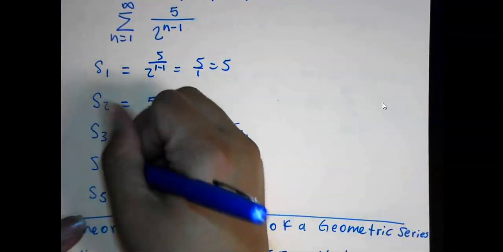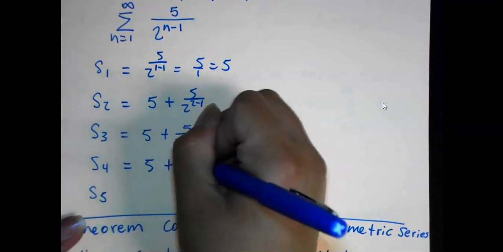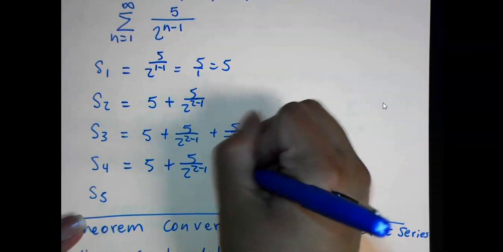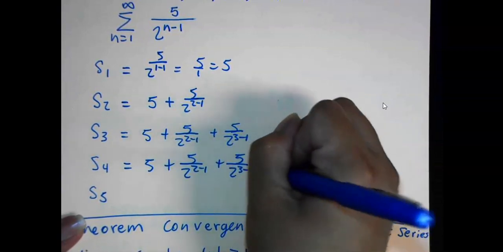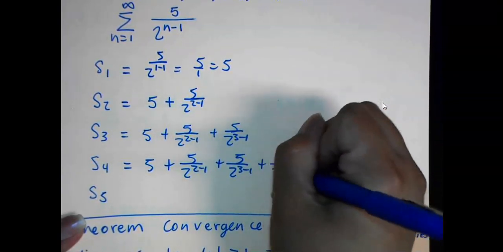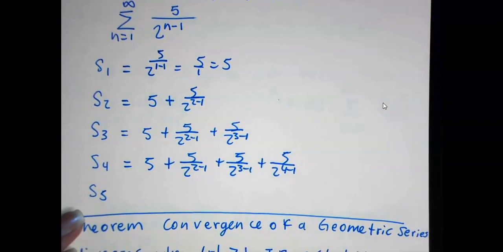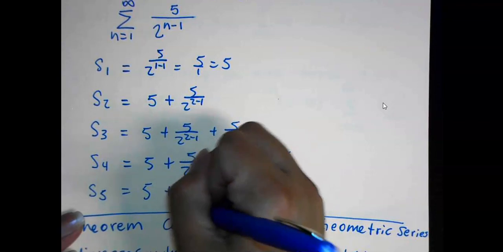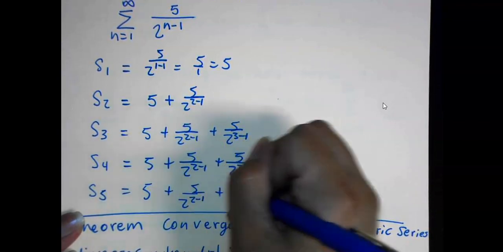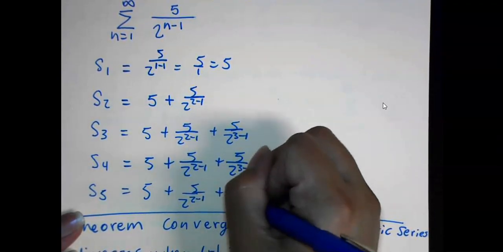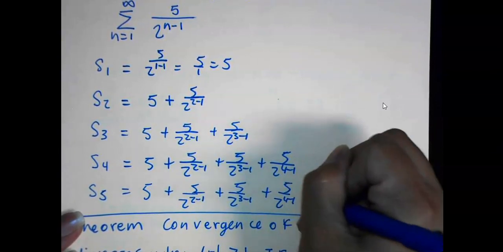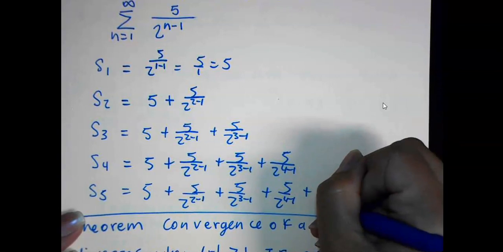For the fourth, you're going to have the first, the second, the third, plus the fourth one. Next one, you're going to have the first, the second, the third, the fourth, plus the fifth one.